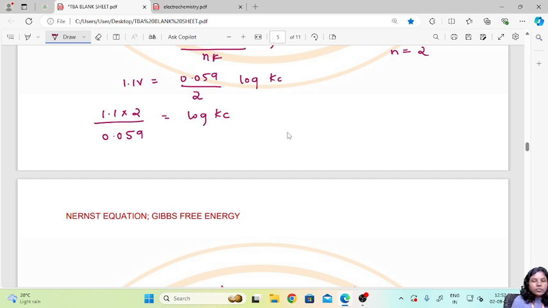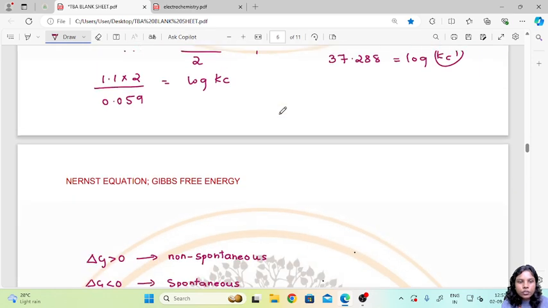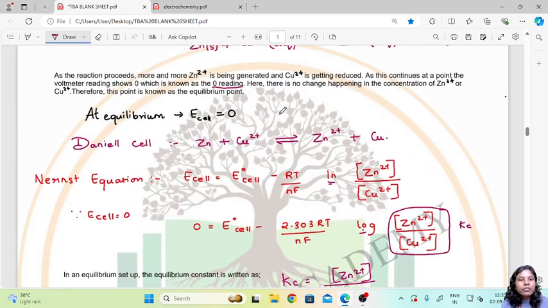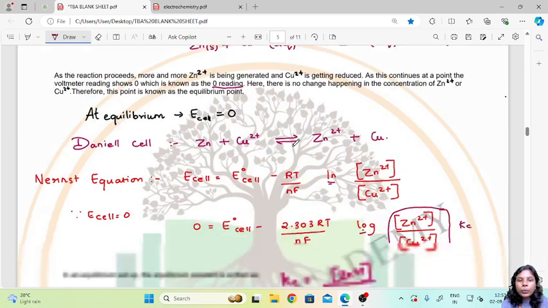On solving this, we get a value of 37.288. So that will be log of Kc. On taking the anti-log, we will get the value of Kc over here. So this was with respect to the Daniell cell itself. Like this, for any given cell, we can find out the equilibrium constant from the Nernst equation.